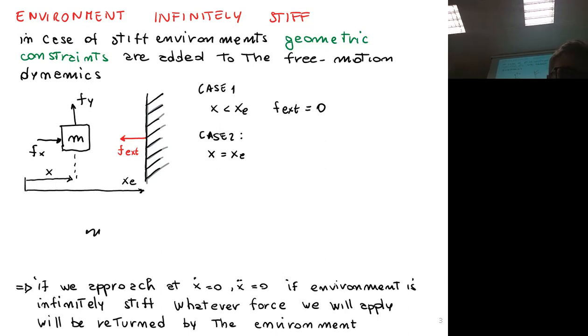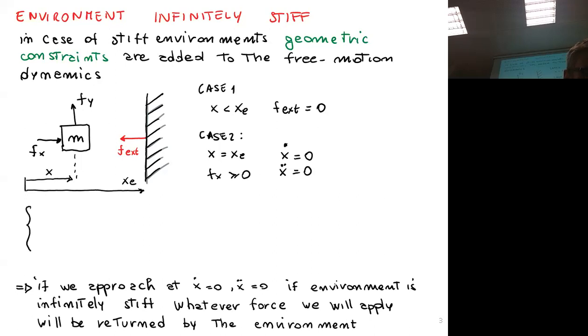And if it applies a positive force, it will try to enter into the surface, but since the wall is very stiff, the environment is very stiff, it will not move. Let's assume that we approach the environment with 0 velocity, or a very low one.